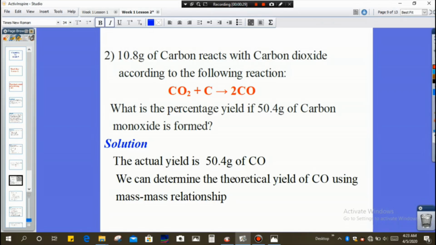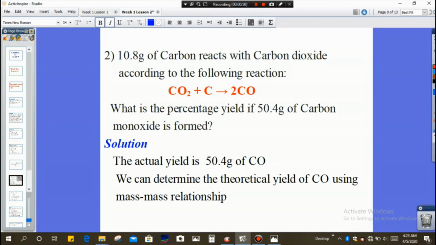To answer this question, first we have to determine the actual yield and the theoretical yield, because percentage yield is the ratio of the actual yield to the theoretical yield times 100%.